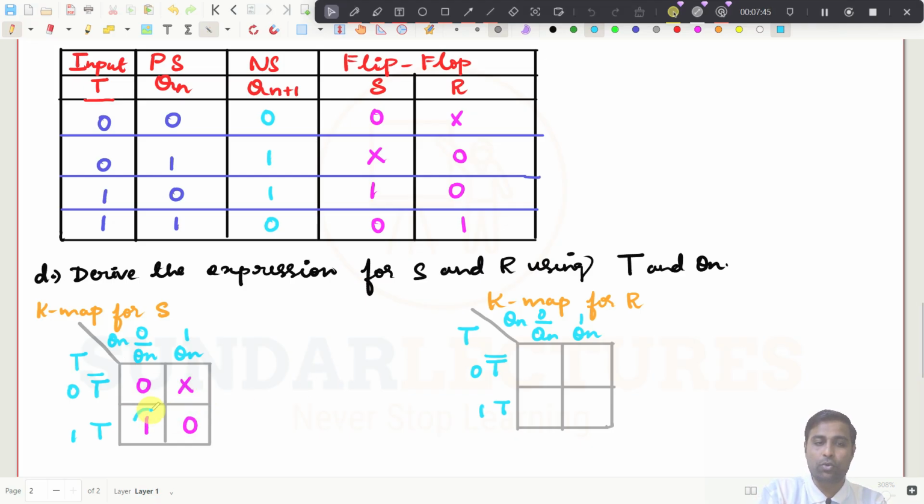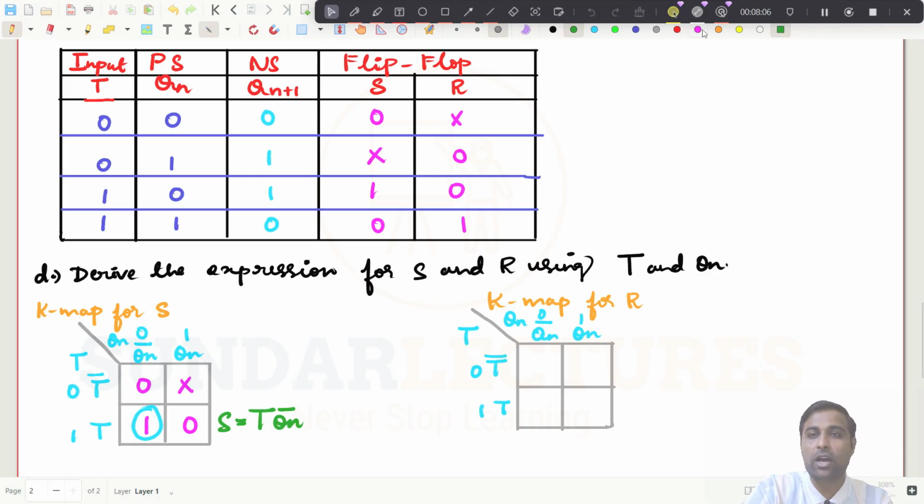So you have to take this as a separate group. So what is the value for S now? S is equal to, what is this one? It is T, and what is this one? It is Qn bar. So it is T and then Qn bar. This is the expression for S.